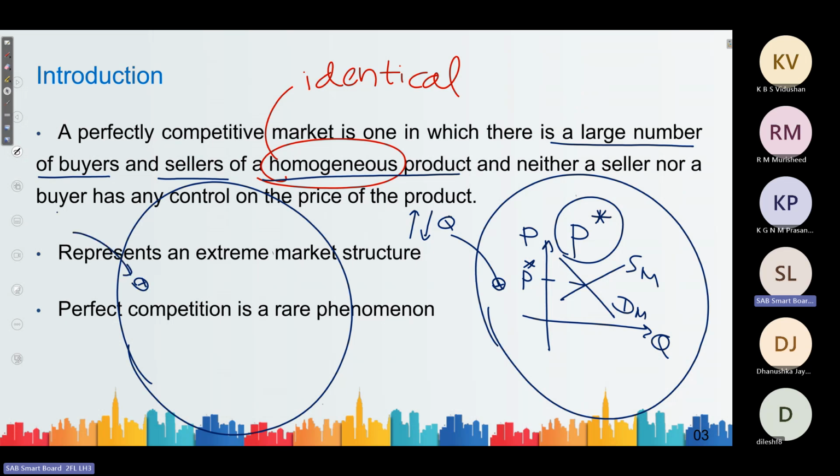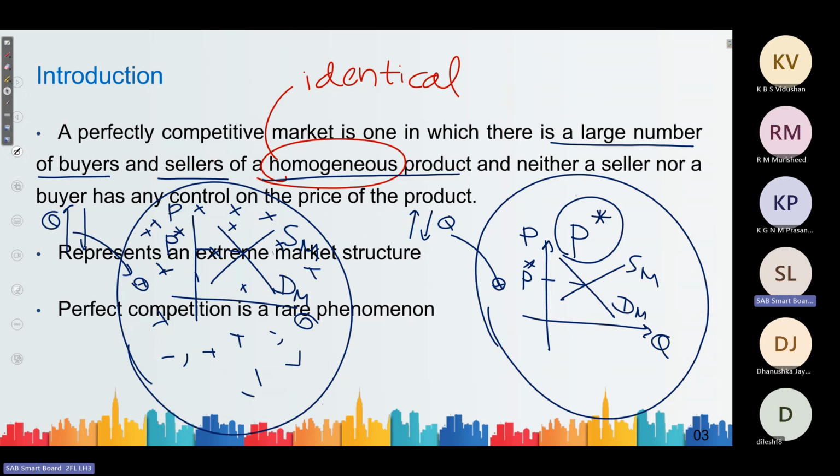By changing the quantity demanded by this particular customer, market price cannot be changed, because this particular customer represents only a very small fraction of total market demand, because there is a huge number of customers. There is a huge number of buyers.